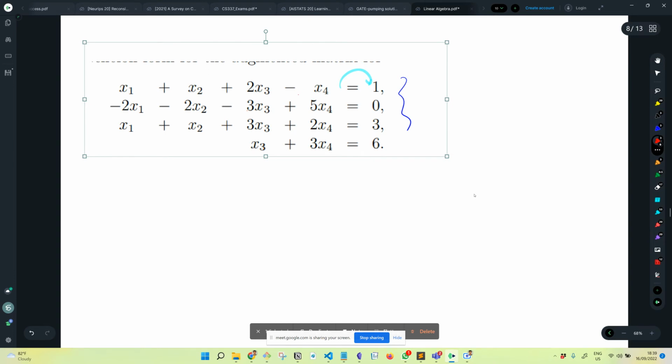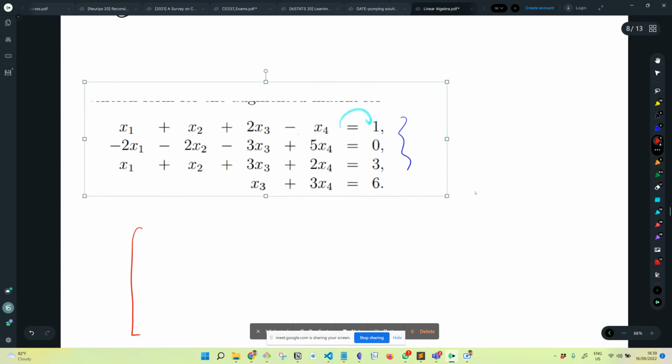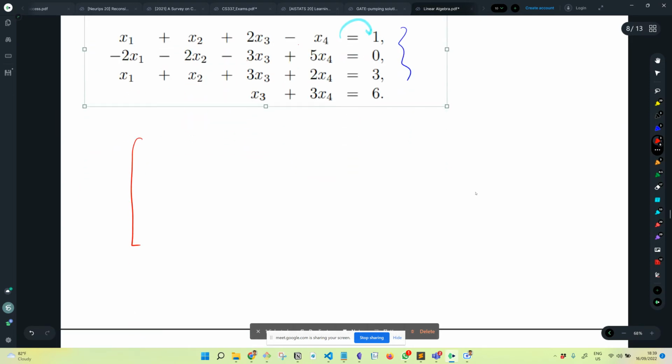Let us consider the system of equations here. Can somebody read out Ax equal to b here? So okay, let me not start with Ax equal to b. Last class we saw an augmented matrix, right? A comma b.